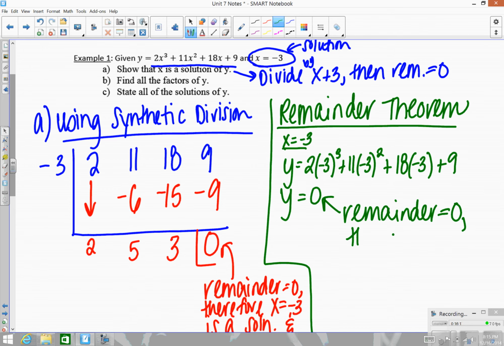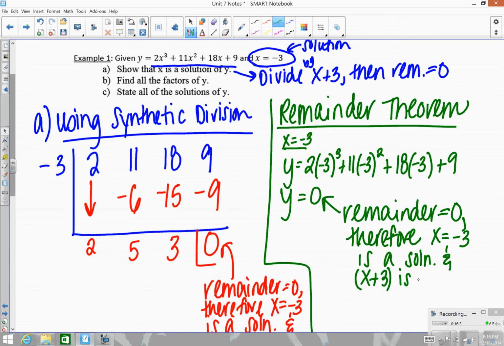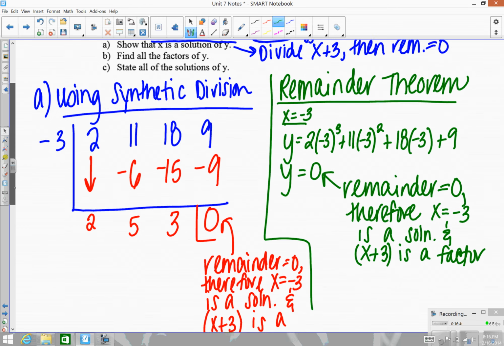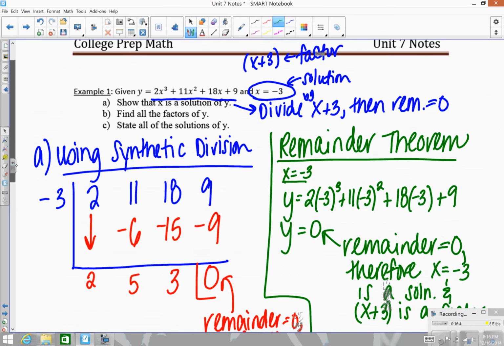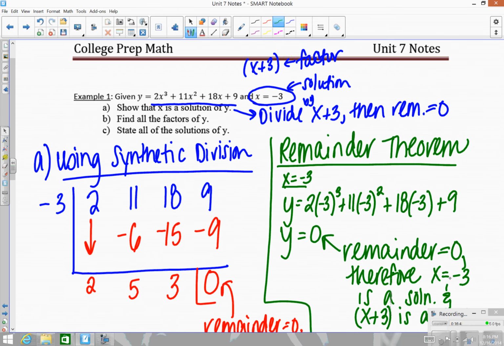So therefore, x equals -3 is a solution, and x plus 3 is a factor. So that's the first part, showing that you have a solution. Basically, we showed the solution and I also showed the factors.